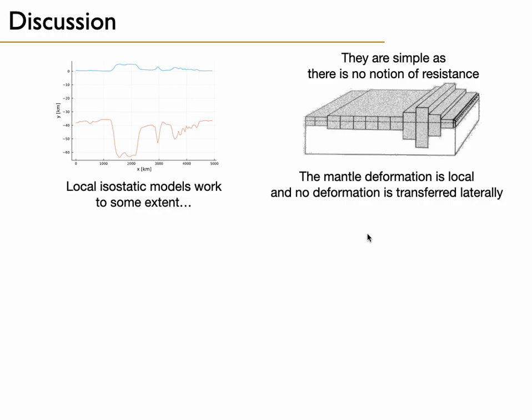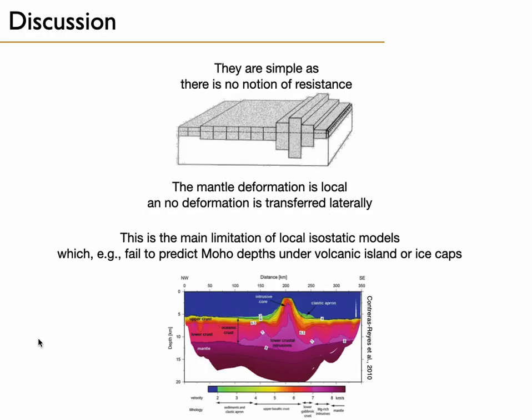You will not feel the neighbors. So this is the main limitation of the local isostatic models. And due to this, the local isostatic models fail to predict Moho depths under volcanic islands or ice caps.